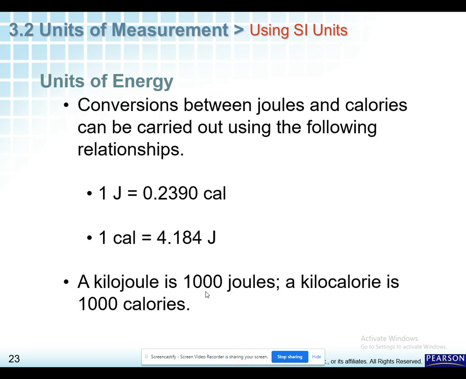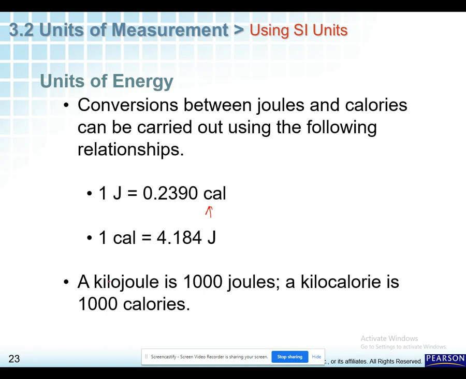However, we do have those SI units and non-SI units, so we have to know how to convert between the two. So if I said I had 1 joule of something, it's the same thing as saying I had 0.2390 calories. If I said I had 1 calorie of something, it's the same thing as saying 4.184 joules. Please pay attention that this is a lowercase c, because it's not the same as the calories that we have in food.